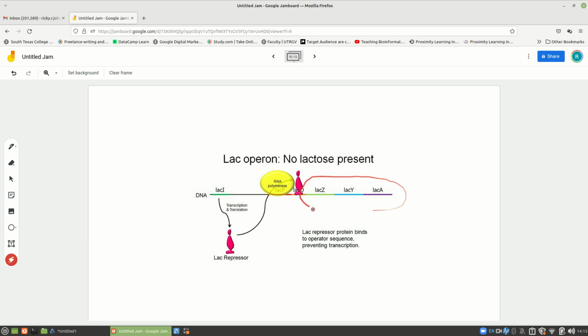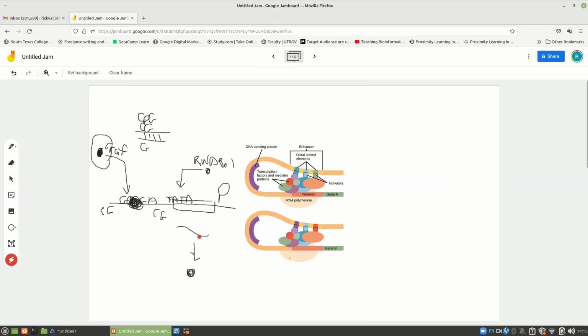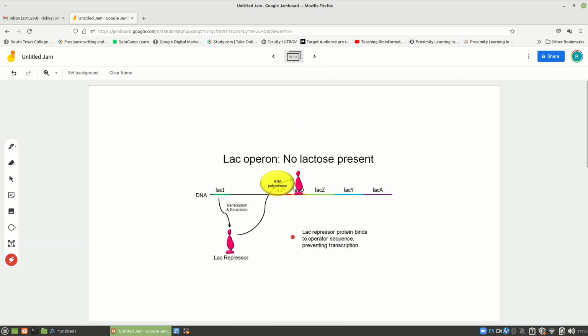So whereas we have one gene, one reading frame right here that makes one protein, and we regulate each of them individually, what we're going to learn when we talk about bacteria in a different video, we're going to learn that they regulate these in clusters or groups of genes. So each one of these is going to produce a different RNA. Well, actually it's one RNA, but we're going to learn that it makes several proteins, 3 different proteins, and we're going to regulate them all at the same time.